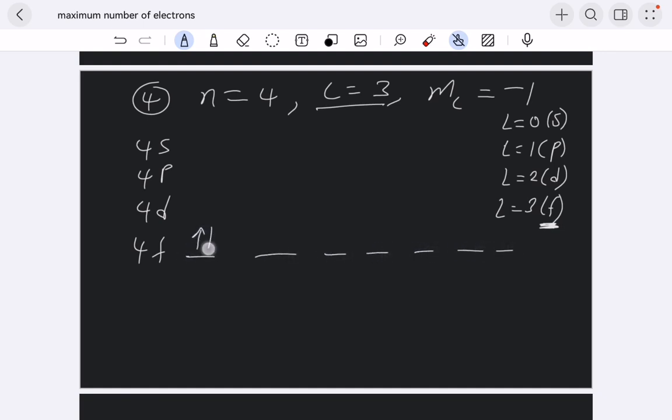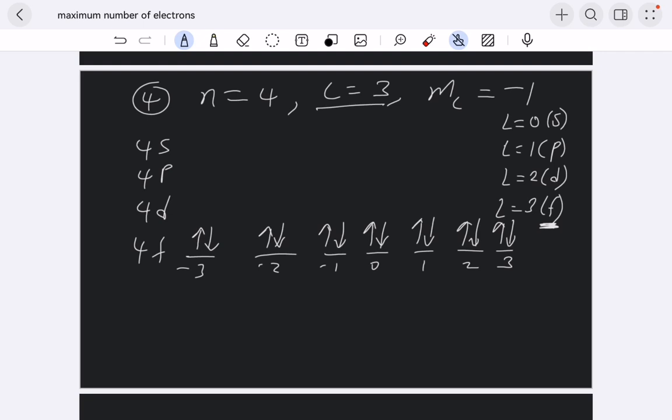So when we allocate those electrons, the question is which electrons are satisfying this given condition. So this is -3, -2, -1, 0, 1, 2, 3.